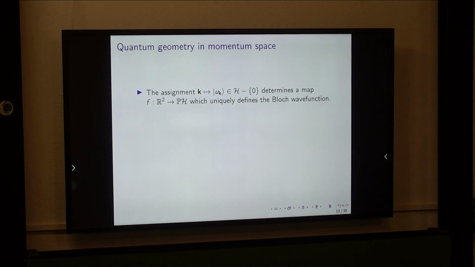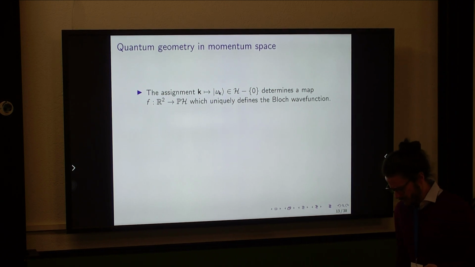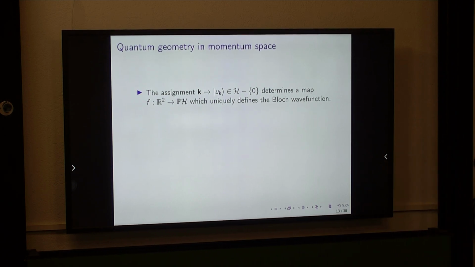So now I want to talk a bit about quantum geometry, which has been a very recurrent topic lately, especially because it seems that not only the topological side of these Bloch bundles is important, but also geometric features can be important. So it is important to understand very well what this means.